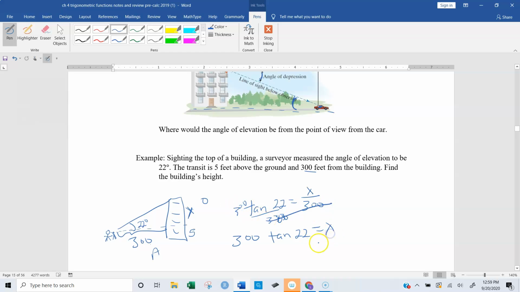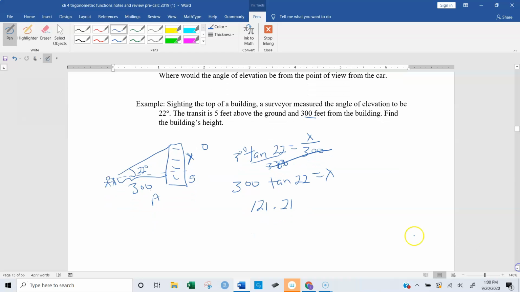This equals x. When you type that into your calculator, you're going to get 121.21. The problem is, this is from the transit up. So I have to add the height of the transit to that. So we add 5 to this, and we get 126.21 feet. If you rounded to 126, I would absolutely take that.